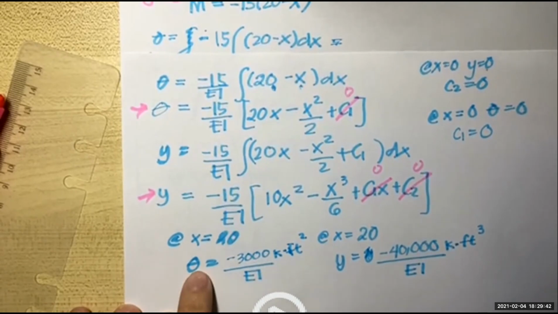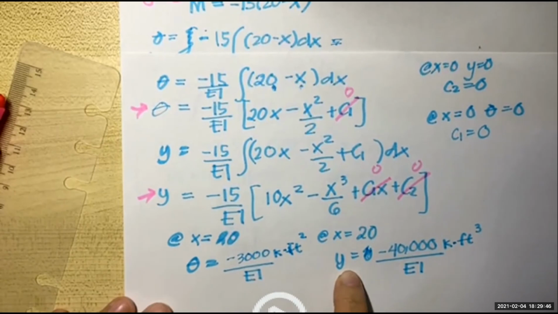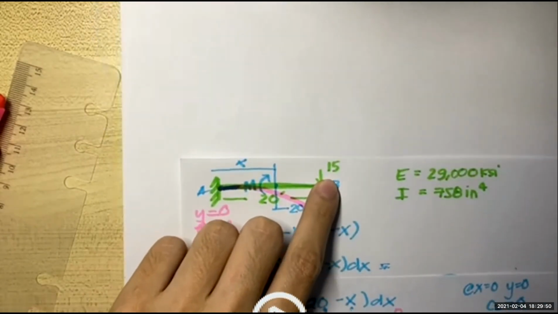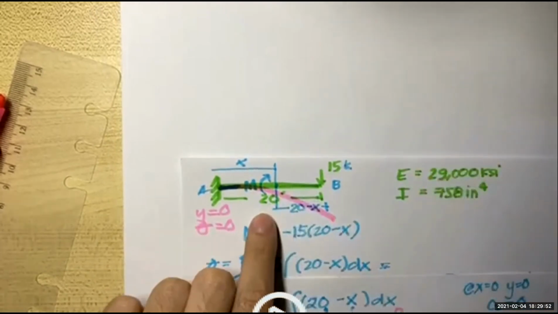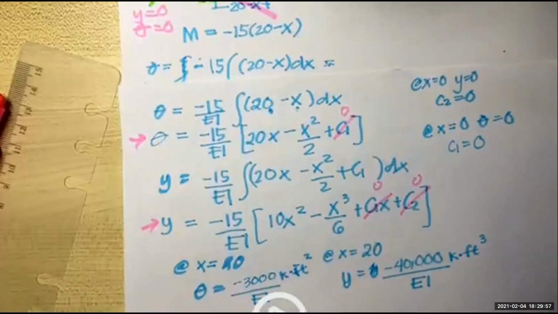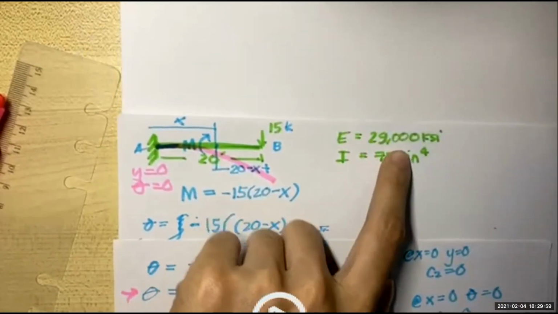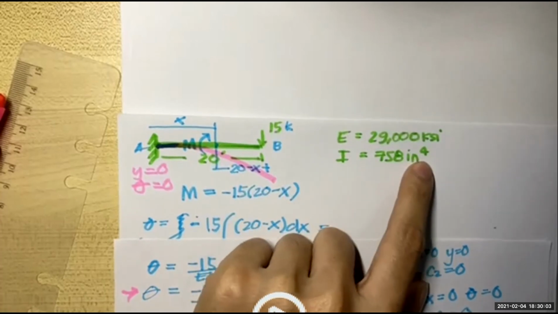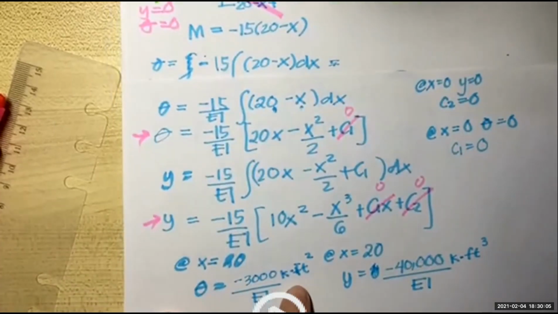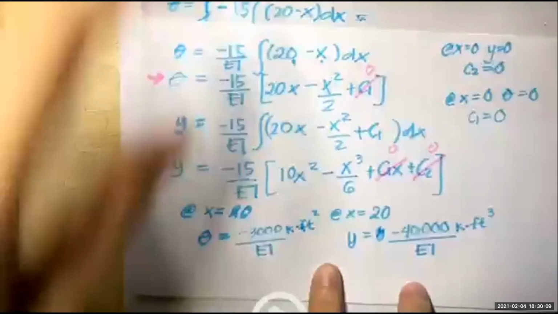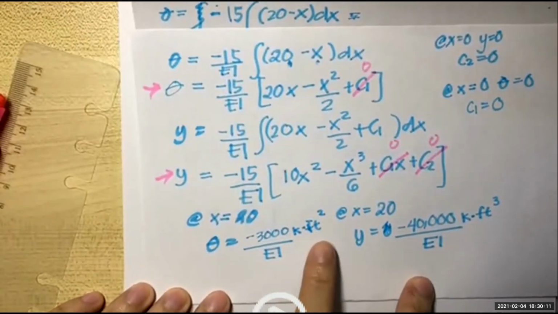Always remember, for radian, squared; for deflection, cubed. Since we are using kips, and this is in feet, we substitute the given: 29,000 KSI, kips per square inch, then inch raised to the fourth. Since our unit here is kips and feet, we convert the feet to inches.